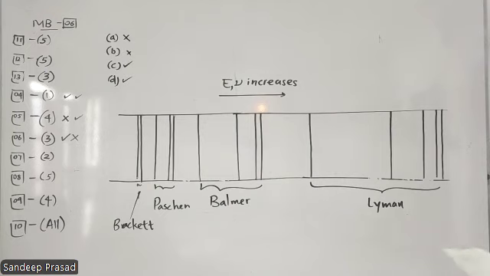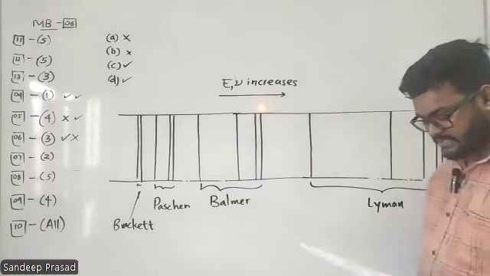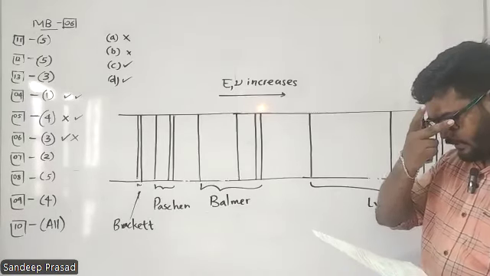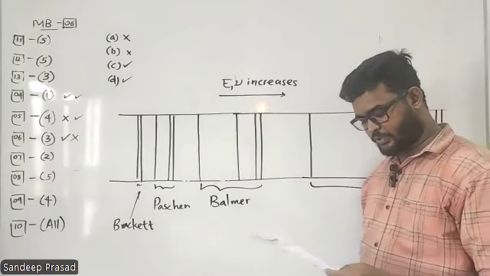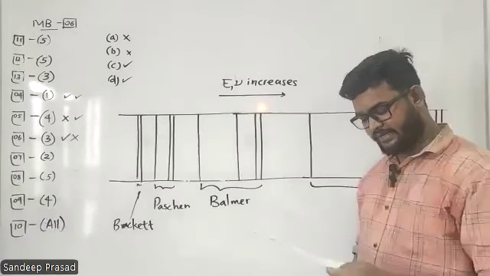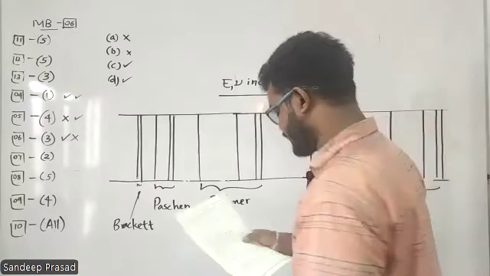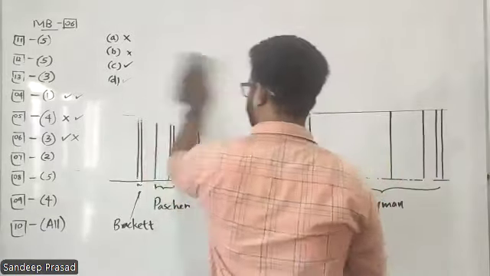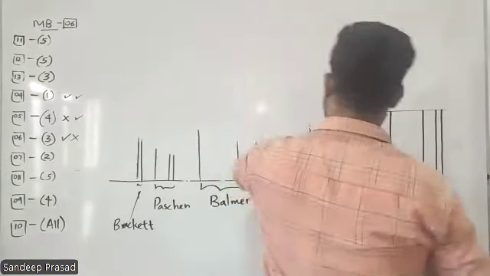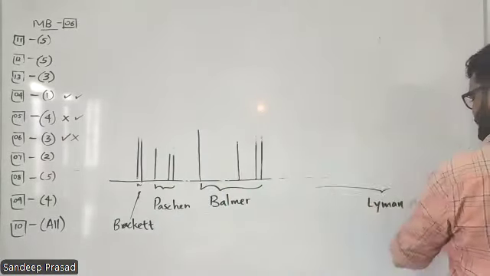Question number 14. Consider the given statements about the nitrogen atom. The electron configuration is 1s2, 2s2, 2p3, and the orbital diagram is also given: 1s, 2s, 2p. So they have given some information about nitrogen.